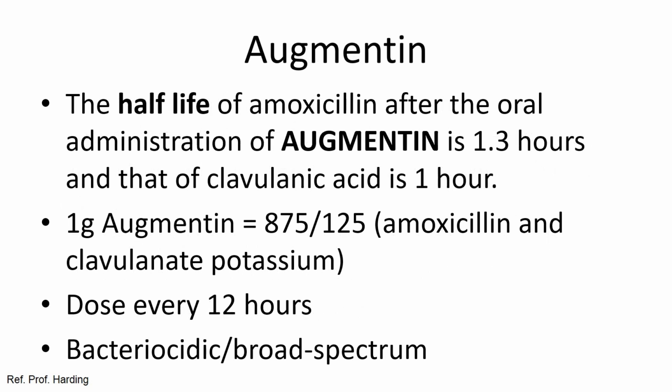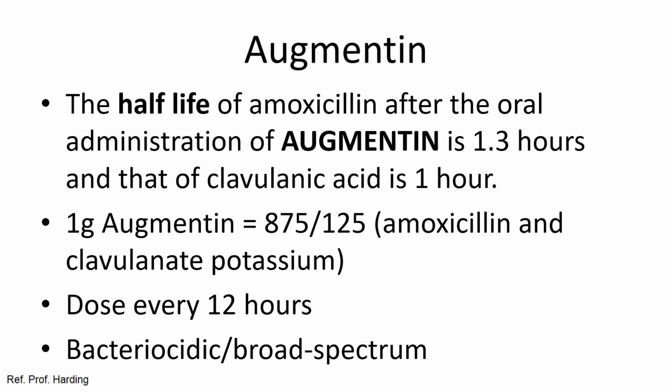Augmentin, which is very popular, has a half-life after oral administration of about 1 hour again, and that's the half-life of amoxil. And it also has added to it clavulanic acid, and that has a half-life of again 1 hour. So 1 gram of Augmentin is going to have an effective half-life of 1 hour.